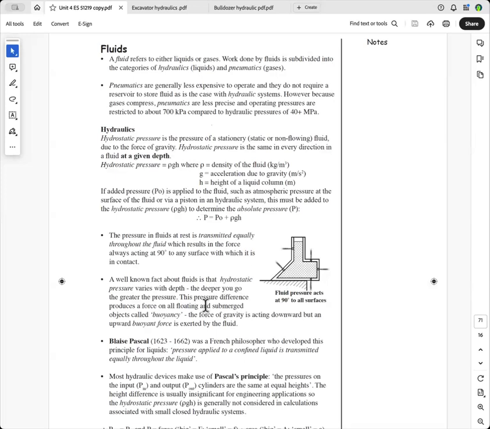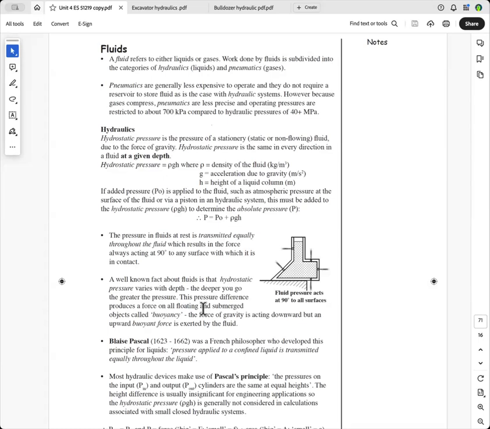As you know, hydrostatic pressure varies with depth, and the difference in the depth of a submerged object, of the pressure between the top of the object and the pressure below the object, creates a force called a buoyancy. And the force of buoyancy is generally equal to the weight of the volume of liquid displaced by the submerged object.